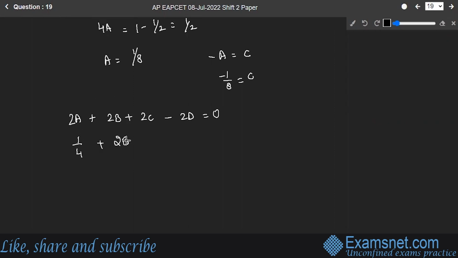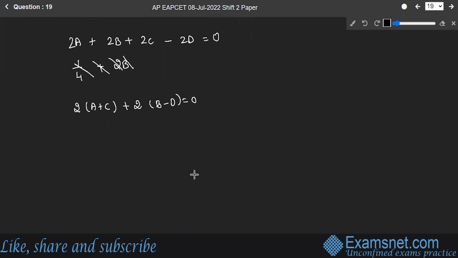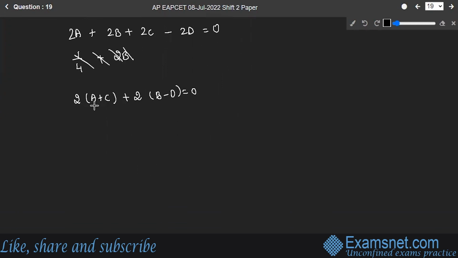B I have to calculate, but I don't know d. So let's do it the other way. First of all, I'll write down 2a − 2c + 2b − 2d is equal to 0. So a and c are the negative of each other, so this thing will cancel out and you will have b is equal to d over here, right?